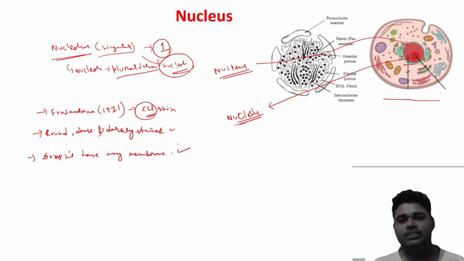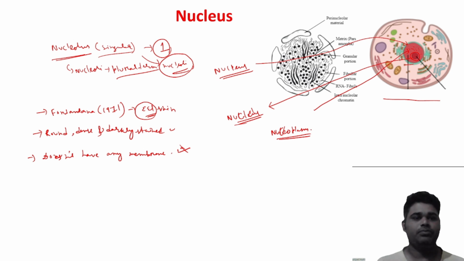Because it doesn't have any membrane, the content of the nucleus is called the nucleoplasm. So what is the nucleoplasm? It is just like the cytoplasm. Inside the cell, it is called the cytoplasm. Like that, inside the nucleus, the cytoplasm is called the nucleoplasm.